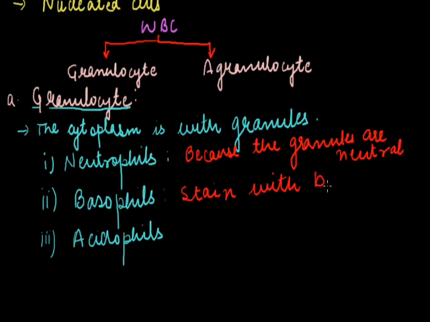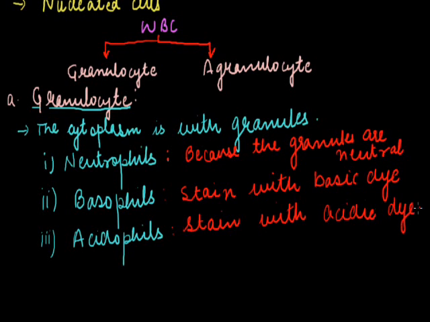Therefore, they are called basophils. In case of acidophils, the granules stain with acidic dye. Therefore, they are called acidophils. These acidophils are also called eosinophils. All these three types help in the defense of the body.